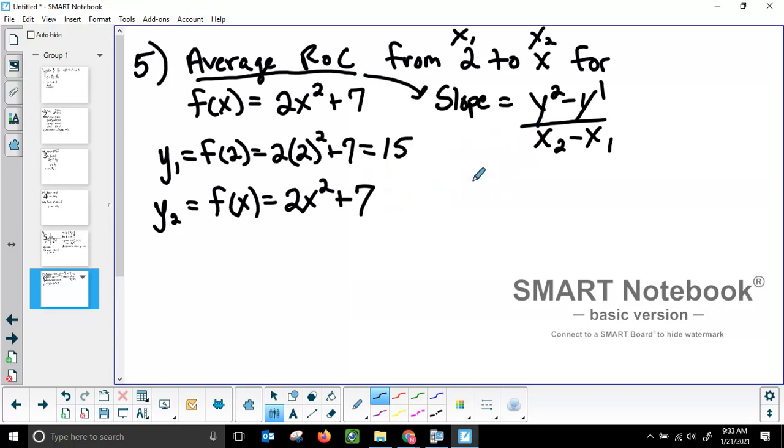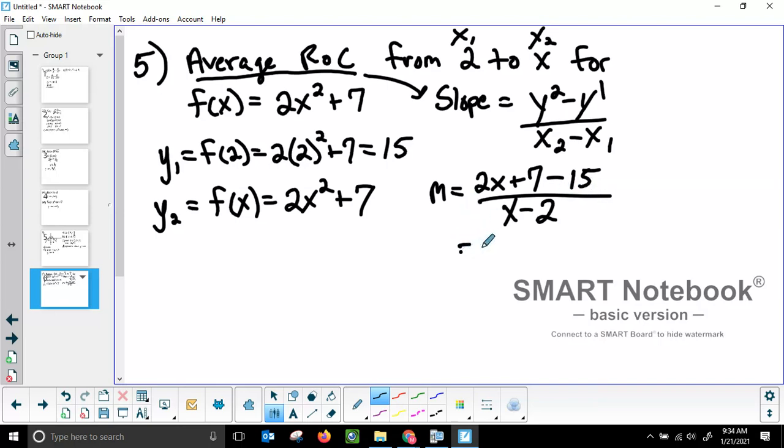Okay, so now plugging that in over here. We're going to get 2x plus 7 minus my y1, which is 15, over x2, which is x, minus x1, which is 2.